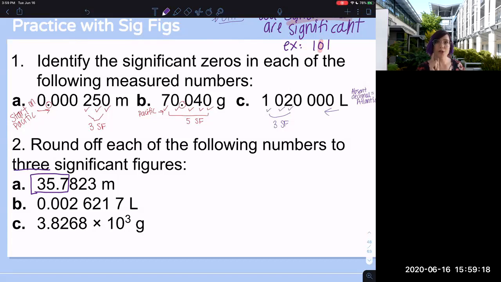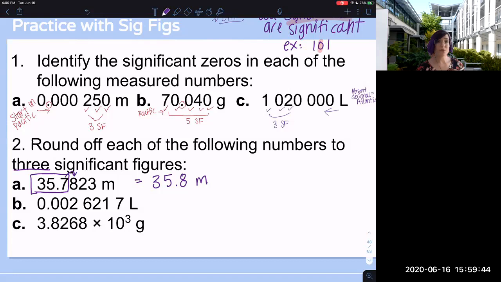We only look at one number to the outside. So I'm going to look at this 8. If it is 5 or greater, we round the next number up 1. So I'm going to round this to 35.8. Isn't 35.8 close to 35.78? Yes. And it has 3 significant figures, right? Okay. So why don't you try the next 2?